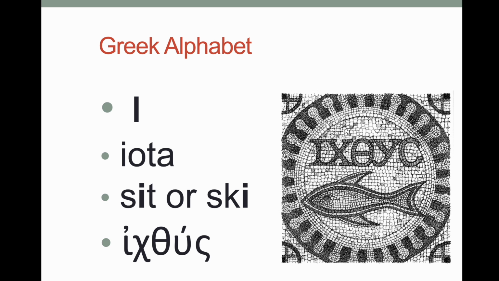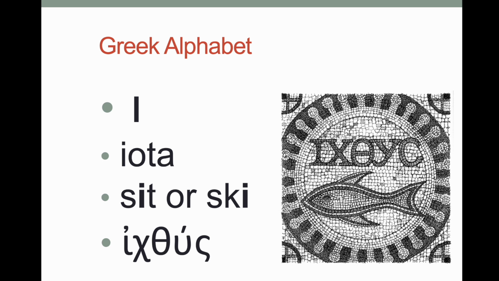So you have two English words there, sit, and ski. So the letter sound will vary accordingly. My counsel to you is listen to how I pronounce the letters, and you'll see. Or you can also look up Greek words online and hear them pronounced.